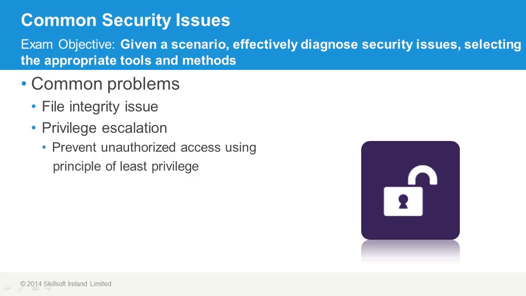So what you can do to prevent this, or at least mitigate it as much as possible, is to always implement the principle of least privilege. This is what's known as privilege escalation. Are you able to gain access to something that you should not be able to? So what you always want to do is to simply say, here's the minimum permissions that you require and nothing beyond that.